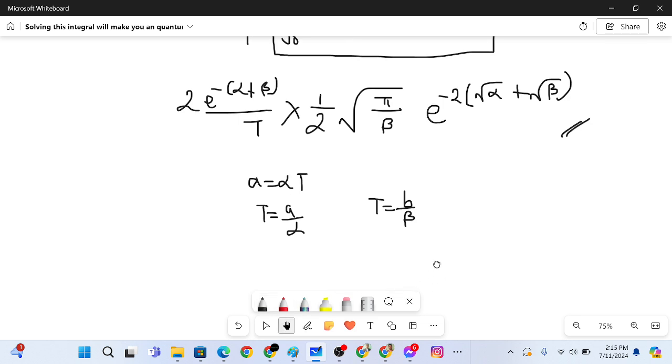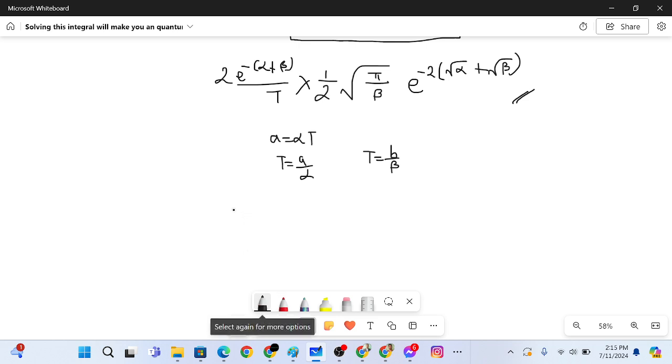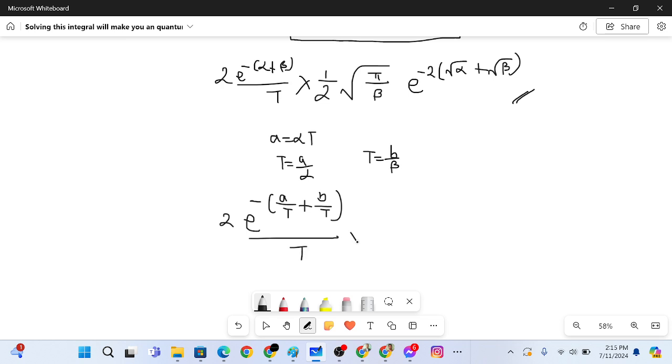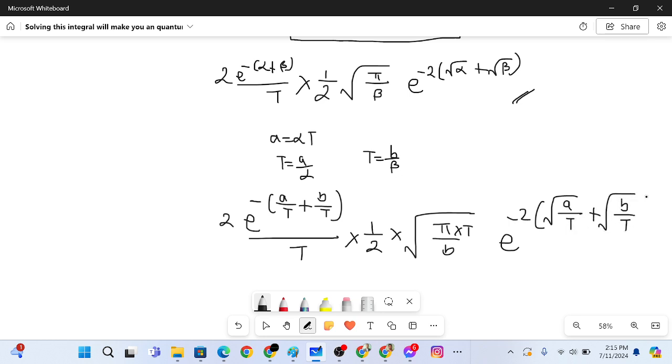If we use this fact, now we get 2 times e to the power minus of alpha is a by t plus beta is b by t, into 1 by 2 into root under pi times beta is b by t, and then e to the power minus 2 of root under alpha, root under a by t, times root under b by t. Looks good.